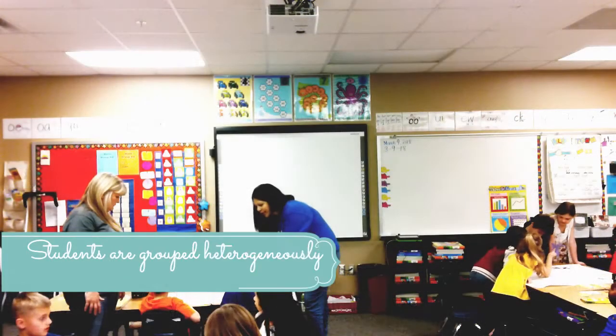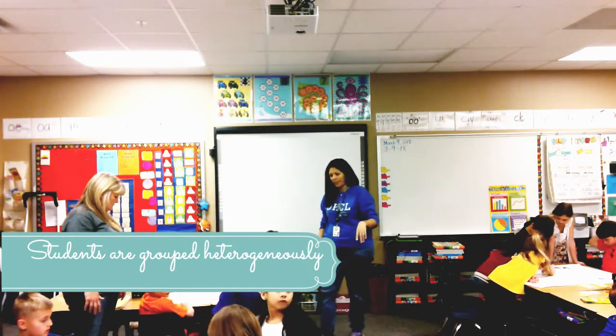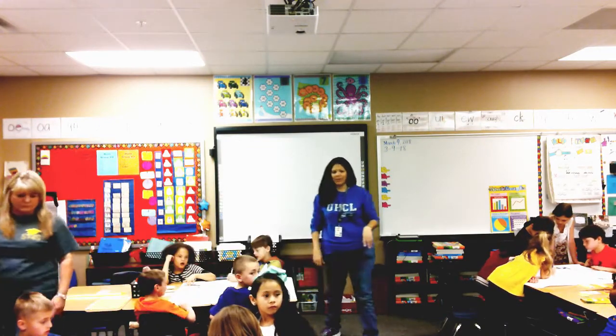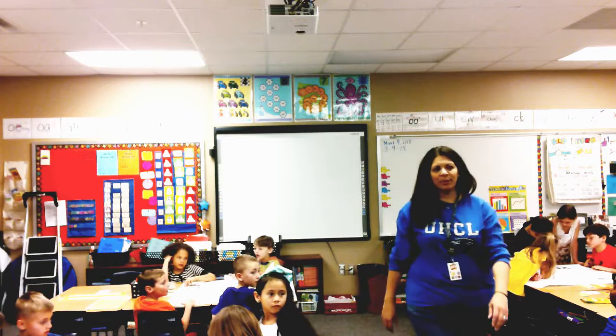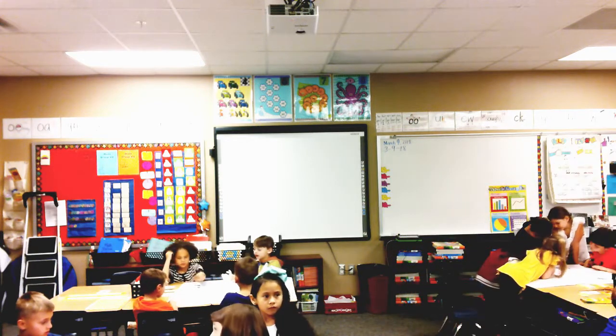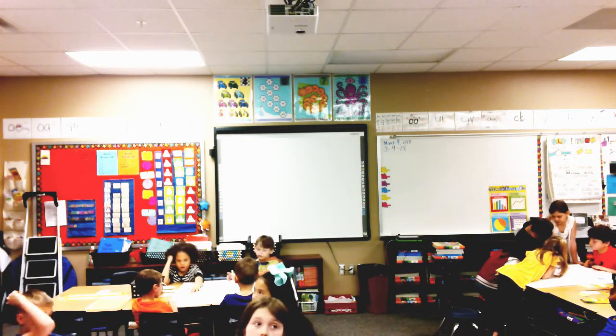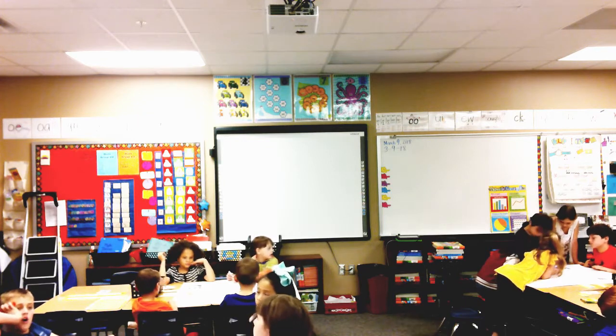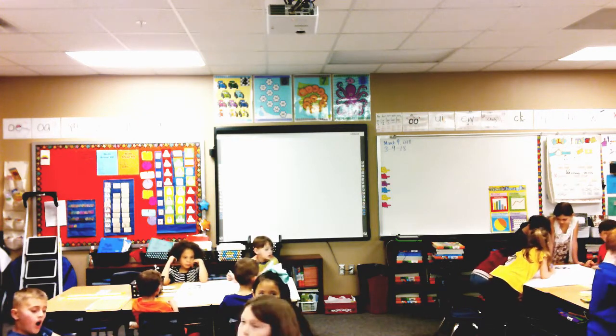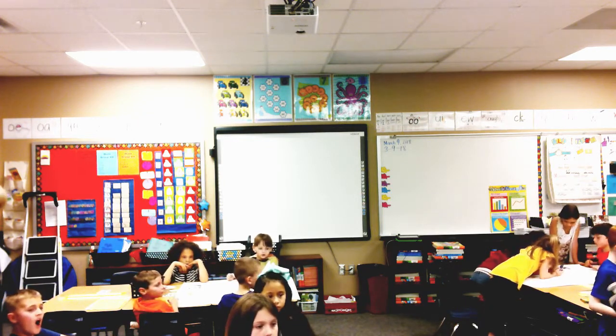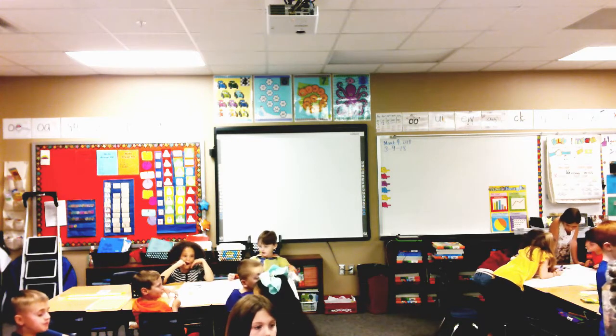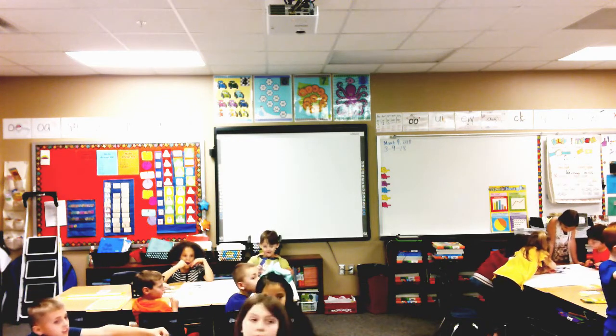What is step number 3? Look at the front. What is step number 3? If you have completed putting your title at the top, table number 3, you will move on to step number 3, which is add a key.